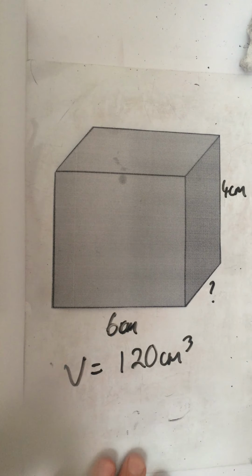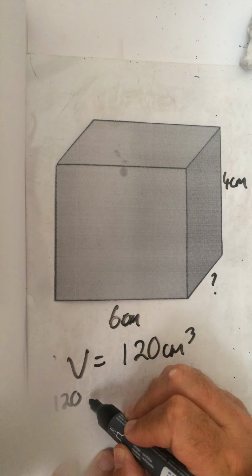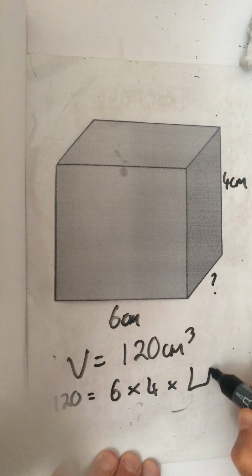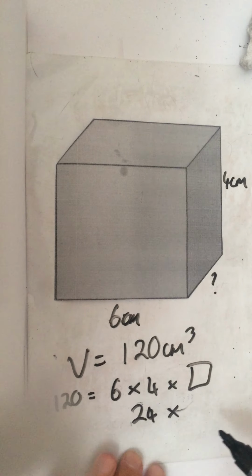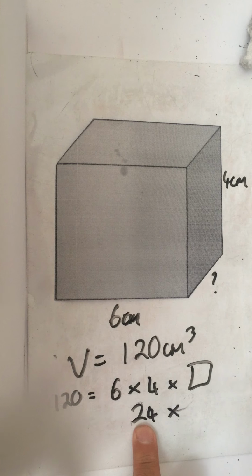Well, let's have a little look. We know the volume is 120, so 120 is equal to 6 times 4 times our missing one. 6 times 4 is 24. What do I have to times 24 by to get 120?